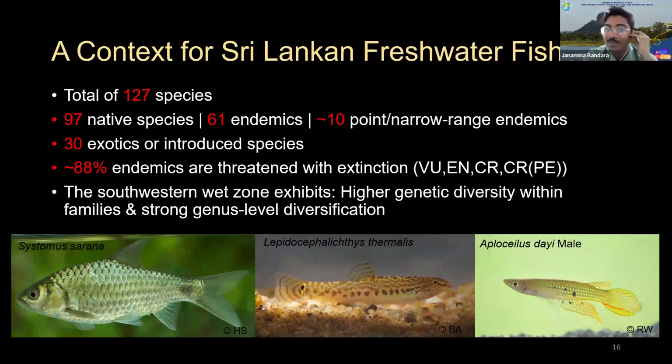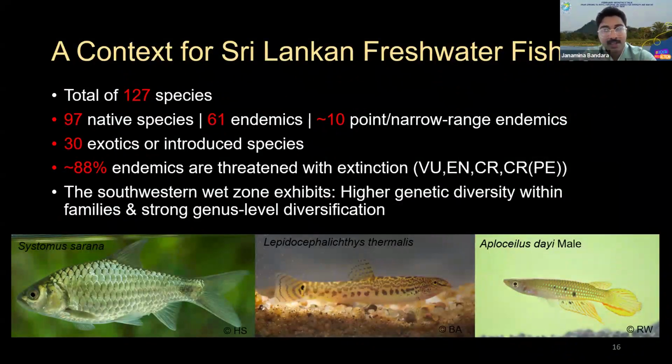So all these together, there might be approximately 135 species. But the really important thing is the natives. There are 97 native species inhabiting Sri Lankan freshwaters, and that amount is really high when we compare it to the area of the island and the number of species on other landmasses. So this is really high.